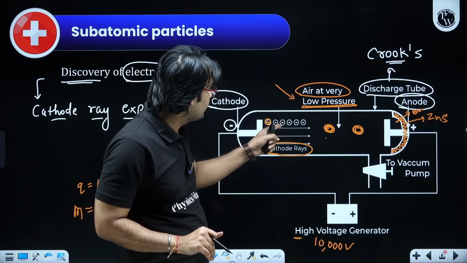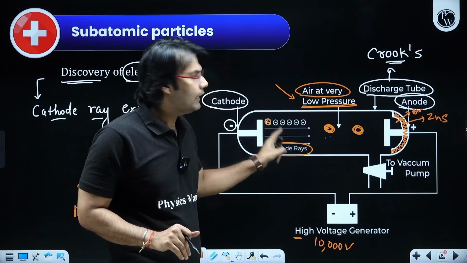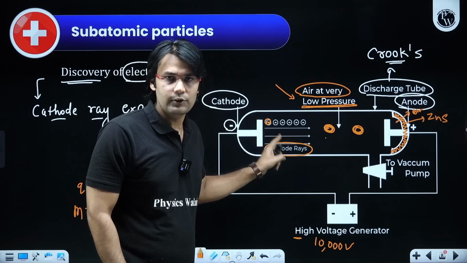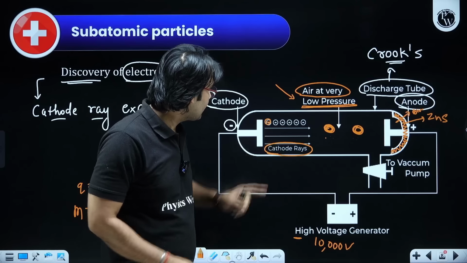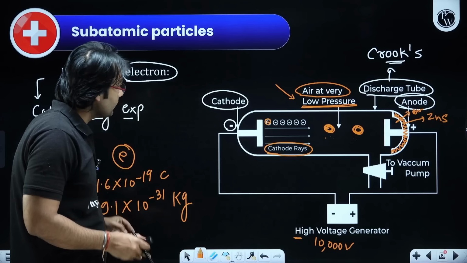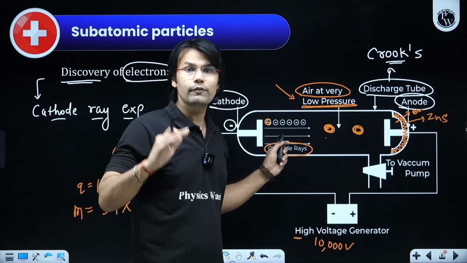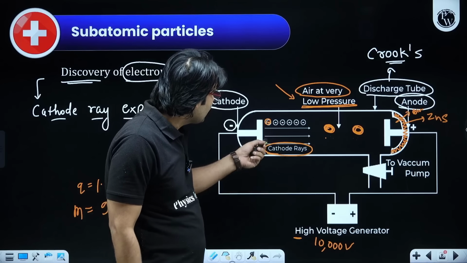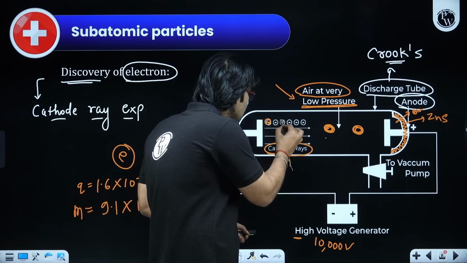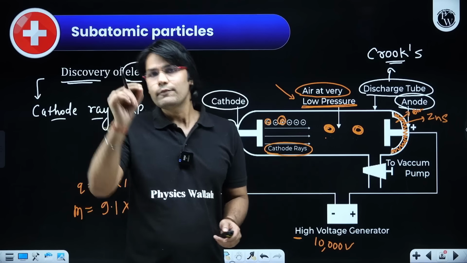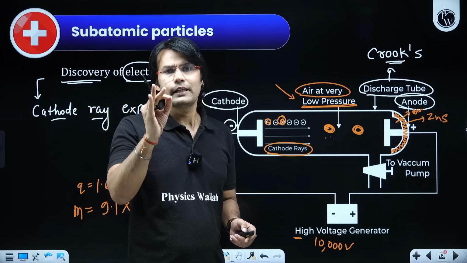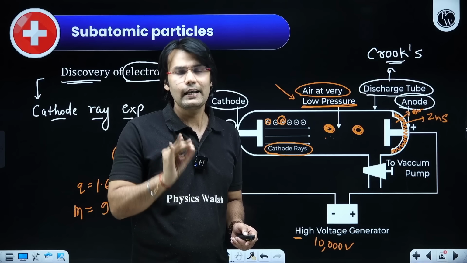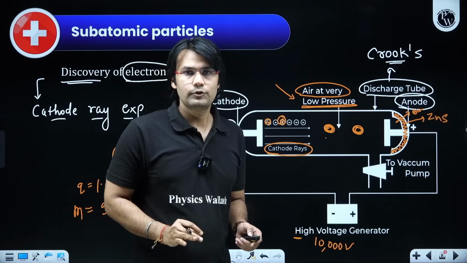Whether you put oxygen, hydrogen, helium, or any gas in this discharge tube, the property, charge or mass of cathode ray is independent of the gas. Why? Because in case of cathode ray, electrons travel, and each and every electron of any atom is identical regarding its mass and charge.